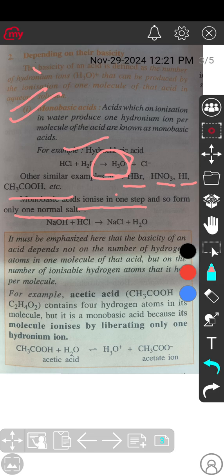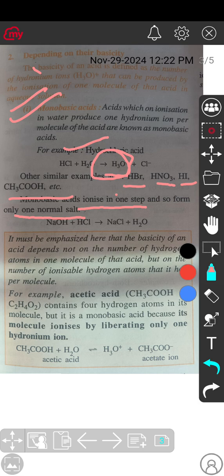There are three types of basic acids, and differences between these three types can come in exams. We are going to study monobasic, dibasic and tribasic acids. Monobasic acid ionizes in one step.